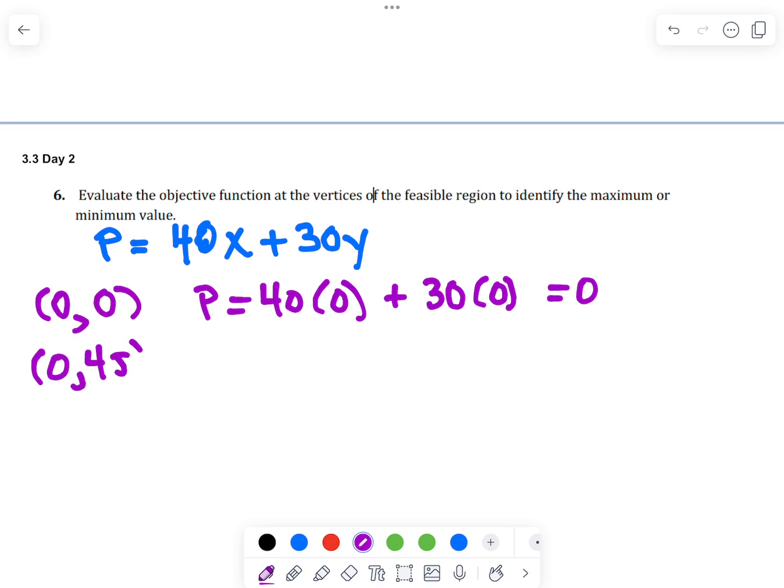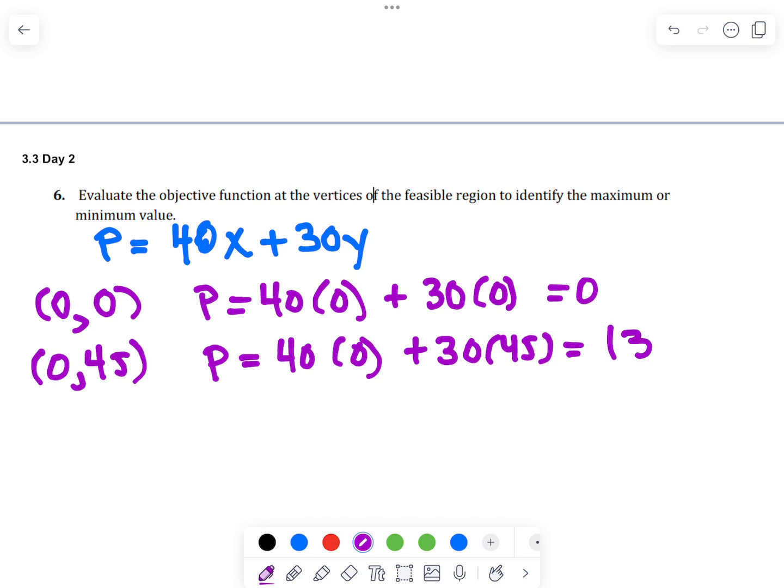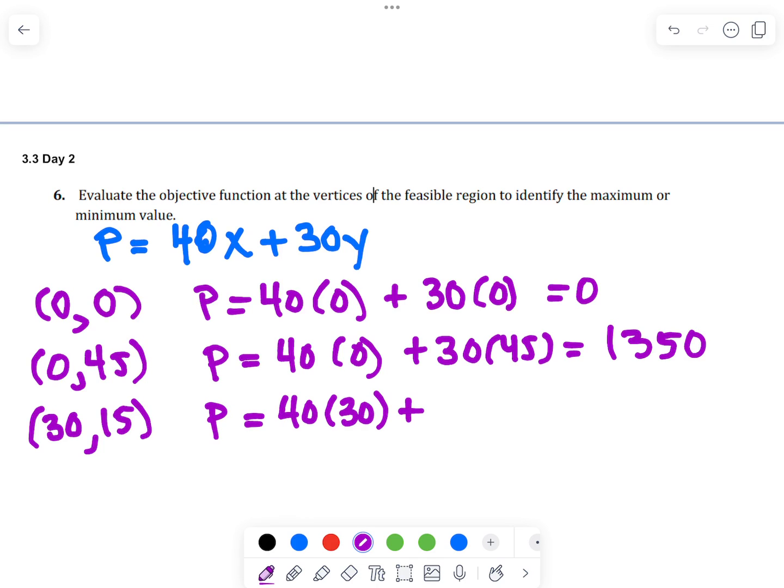0, 45. The profit is $13.50. 30, 15. The profit is $16.50.